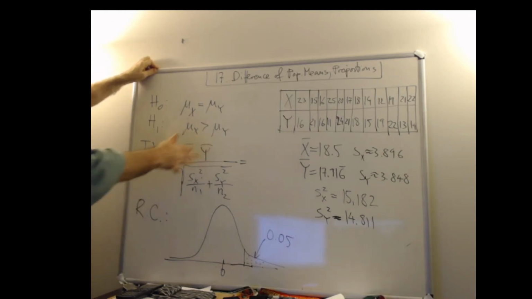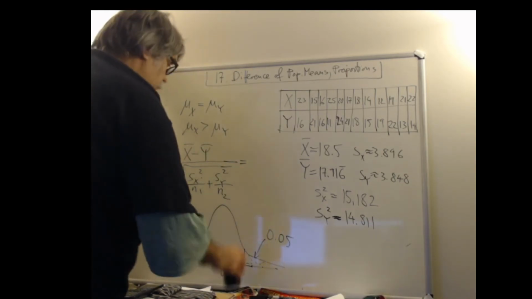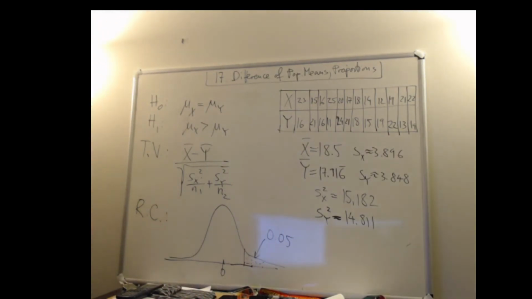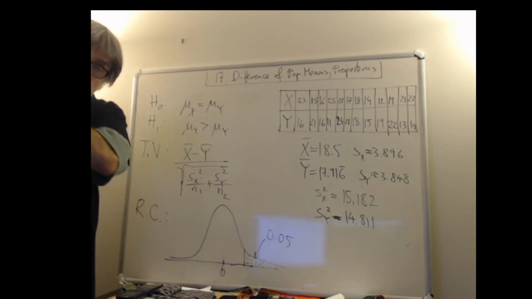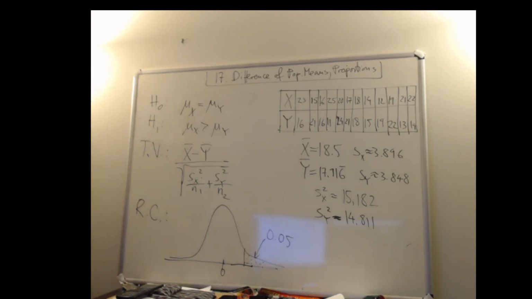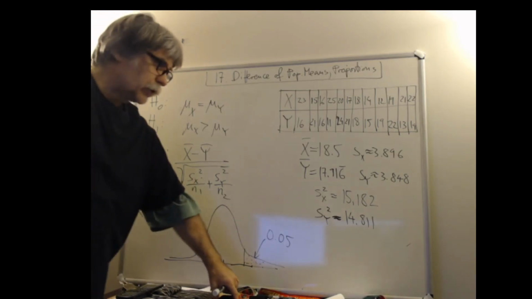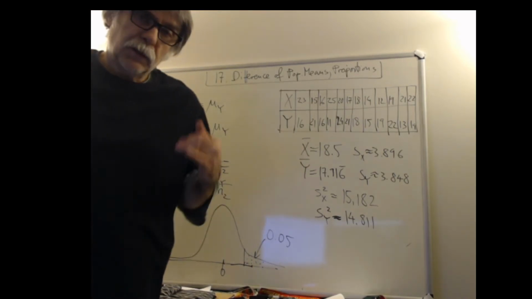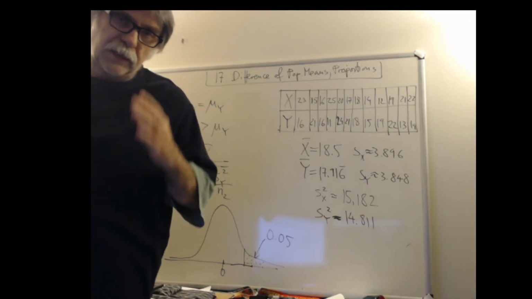Again, this stuff here is just a straightforward calculation. It's not going to be much of a surprise here. But I'm not going to use Sx and Sy. What I'm going to use here is a pooled value, because I just assume that the population variances are the same.